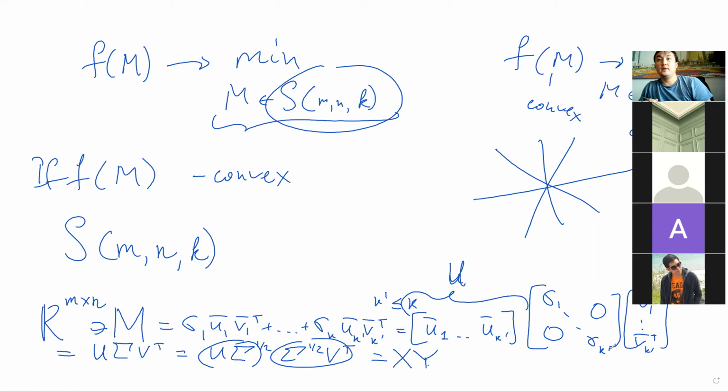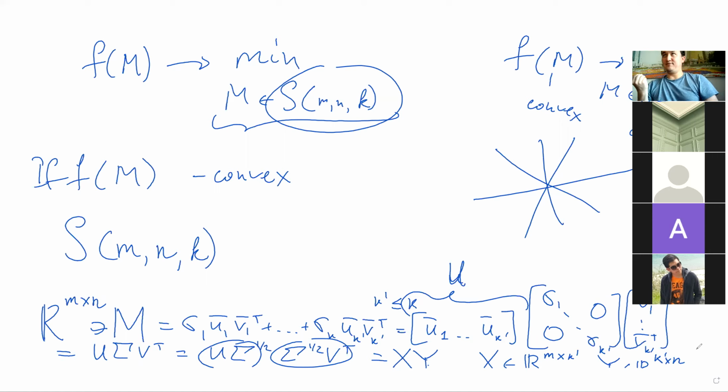And what about the dimensionality of X? It will be m times k prime, and Y will have dimensionality k prime times n, right?